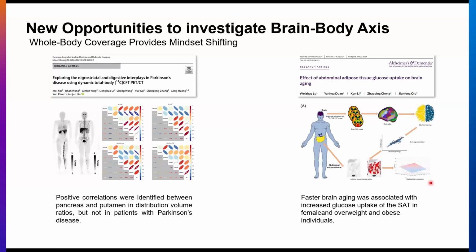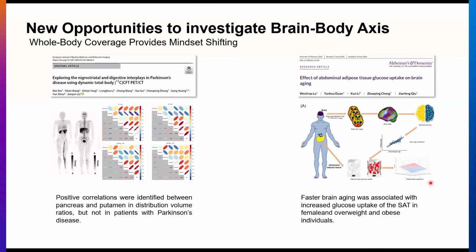I'm going to just go to the last slide and mention another exciting area. Of course, the fact that you have the entire body in the field of view enables you to correlate signals across the time course of these images in a very beautiful way. So investigating the brain-body axis is clearly an exciting potential of this technology. Positive correlations are identified, for example, here in patients with Parkinson's disease.